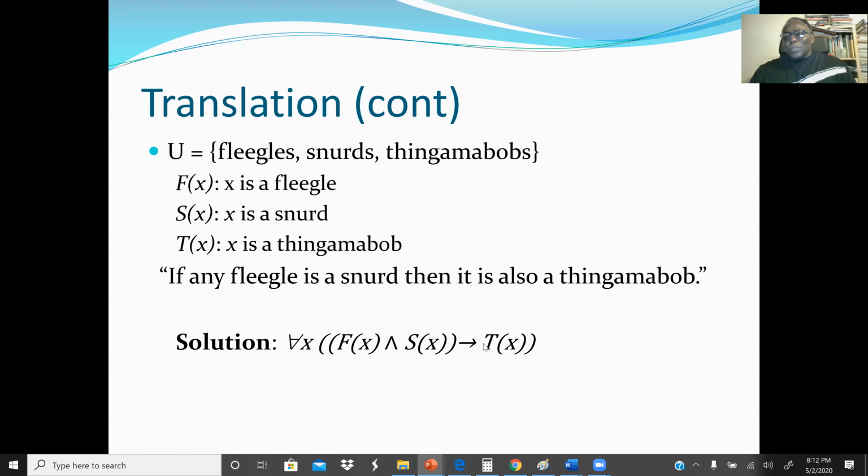Implication means then, so this symbol means then, tingamabob, so T(x). And here we say if any, so we use for all x. If any frigo is a snot, then it is this. So for all x and the condition, we say this frigo is a snot, so both have to be true. Then implication, tingamabob. If any means all of them, so for all x.